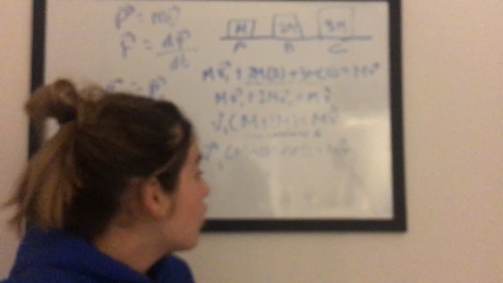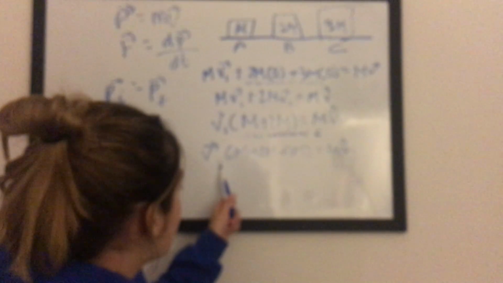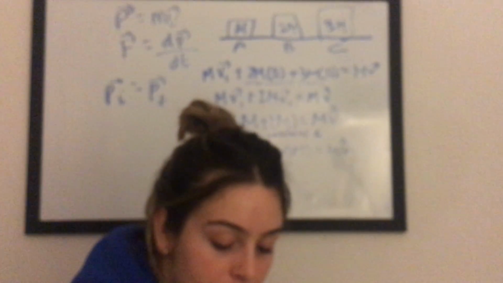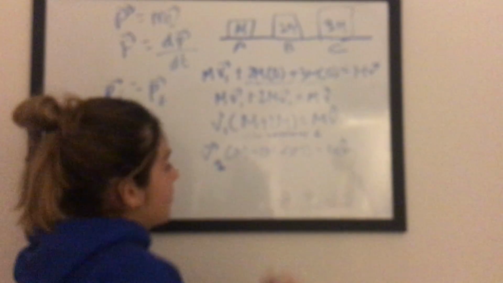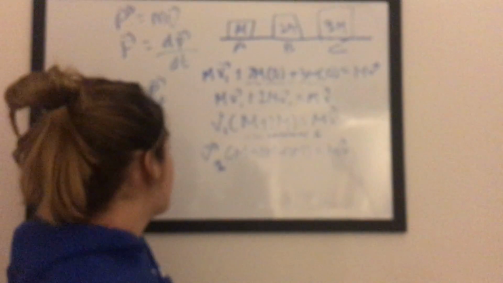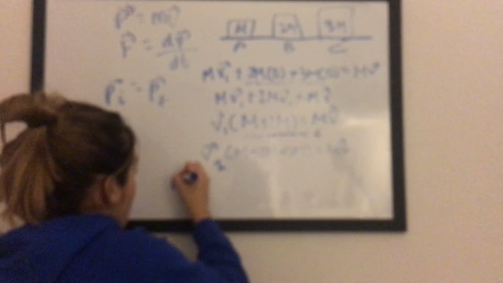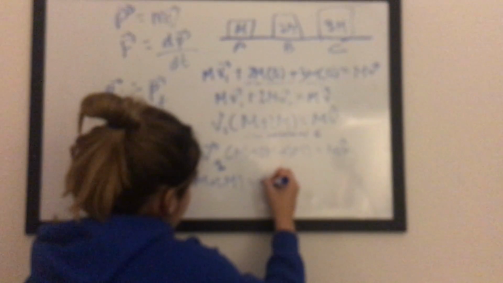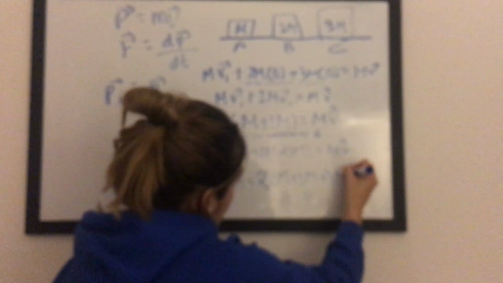Again, we're trying to solve for what that velocity is going to be. This is going to be a different velocity, so velocity 2. We can equate the two to each other and get v1 times m plus 2m is equal to v2 times m plus 2m plus 3m.